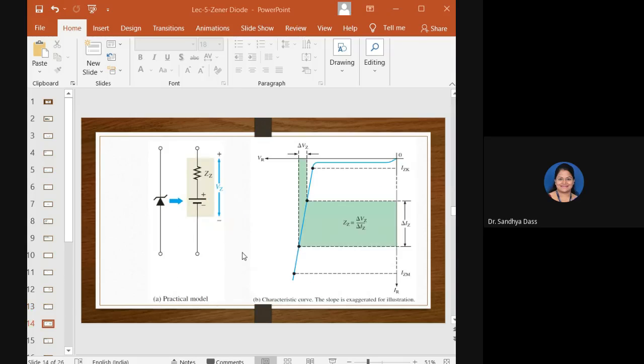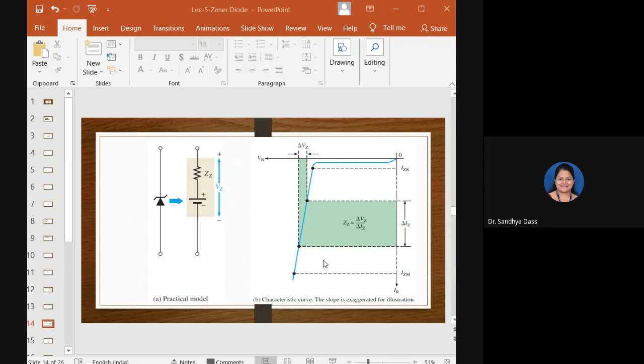Okay, in the practical model, according to the practical situation, there will be some variation in the current with respect to voltage, right? So there will be a change in the Zener current because of a change in the Zener voltage. As indicated here, the slope is exaggerated for illustration. You cannot expect so large a change in current there.